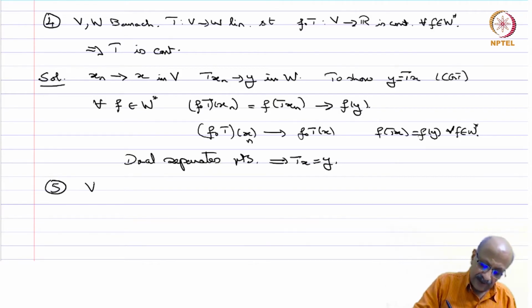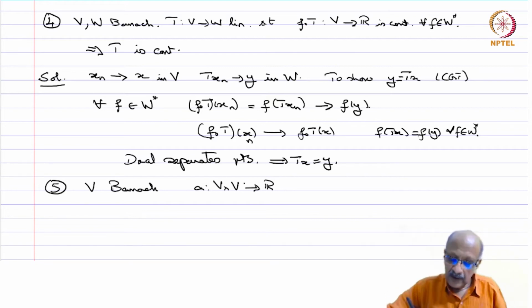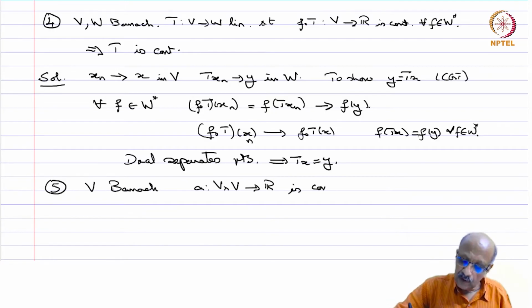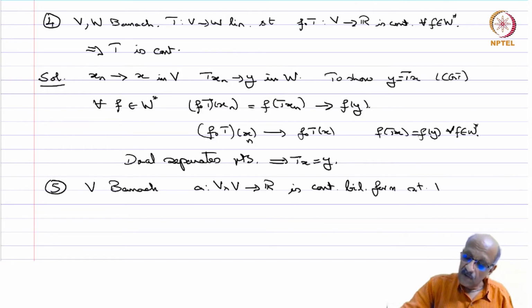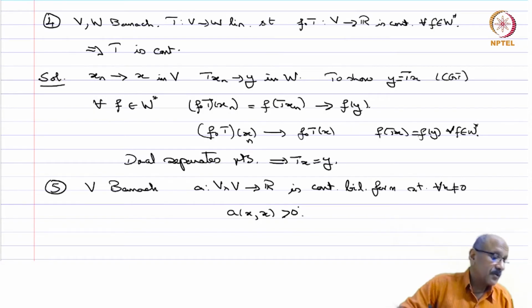So this is another nice exercise again. So V is Banach and A from V cross V to R is a continuous bilinear form such that for all x not equal to 0, A of xx is strictly positive.